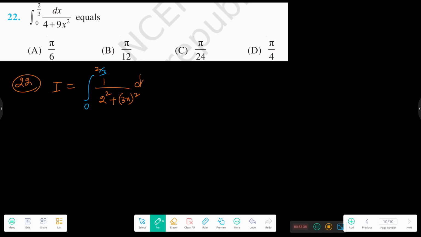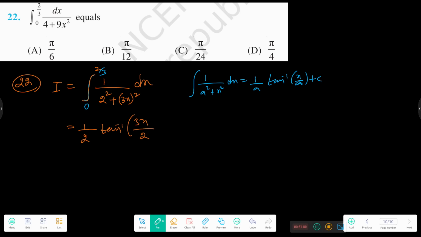So this also looks like tan inverse only, again the a square plus x square formula. 1 divided by a square plus x square into dx is 1 divided by a tan inverse x divided by a plus c, am I right? This one is in that format.